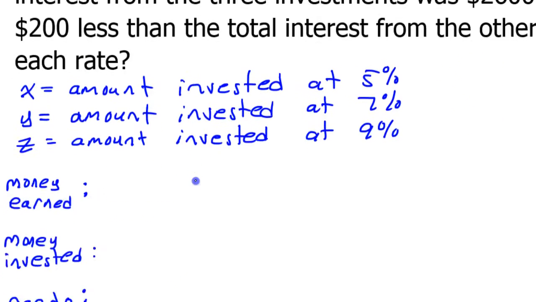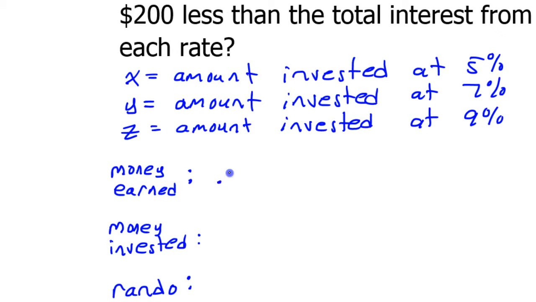5% interest. 5% is 0.05 times something. So the amount of money that she's going to earn from the 5% account is going to be 0.05 times the amount that she invested at 5%. Similarly, the amount that she's going to earn from the 7% account will be 0.07 times the amount of money she invested in that account.